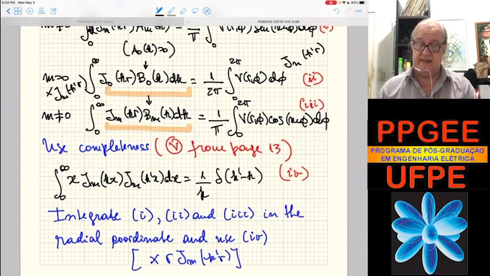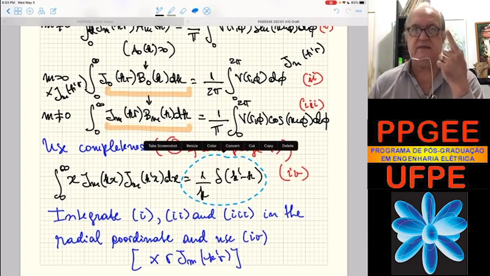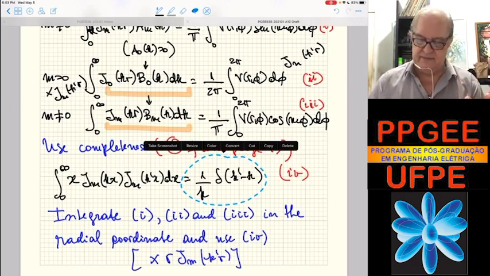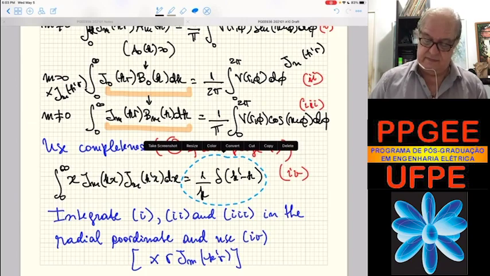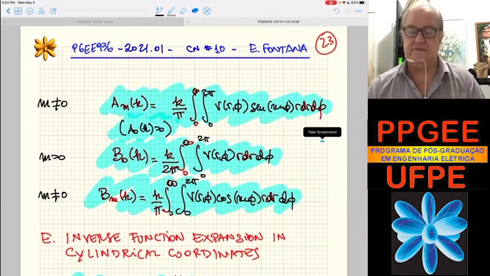When you do that, if we use this property here, we're going to isolate a single term, either a_m or b_0 or b_m, because of the delta function, right? So that's how we solved for each coefficient, using that completeness relation.